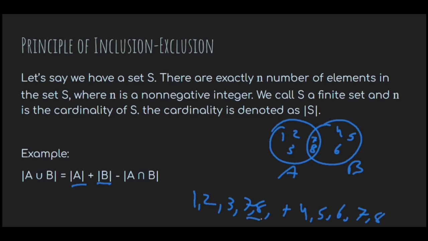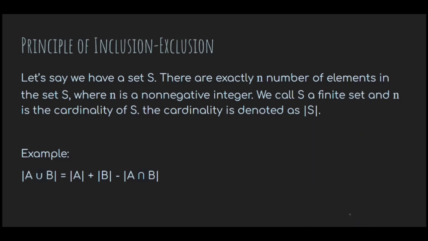Now you have two 7s and 8s, so you have to subtract what is intersecting so that you only have it once. Therefore, this is A union B: 1, 2, 3, 7, 8, 4, 5, 6. You don't want anything to repeat. And that's basically what this is saying. So it's more of a practical way of thinking.